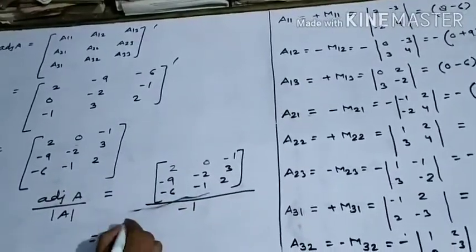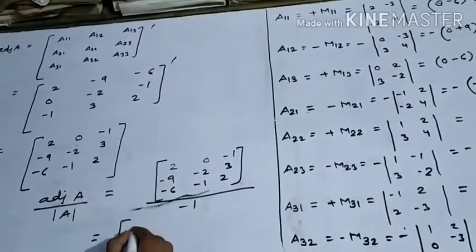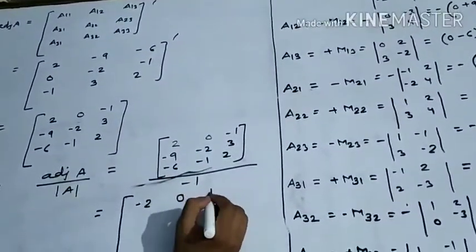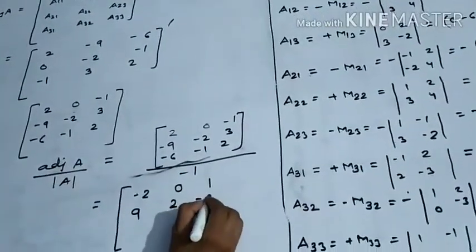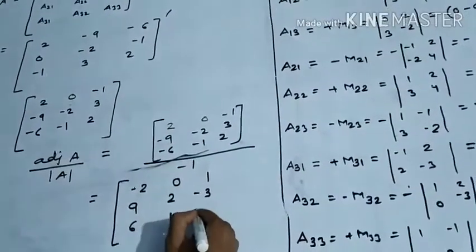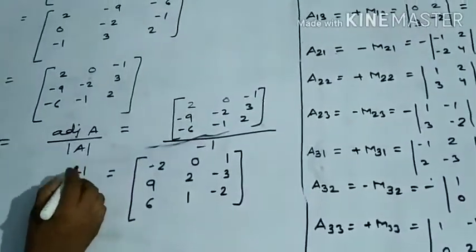This becomes minus to multiply each element, so this becomes minus 2, and here this is the 0, this is the plus 1, here this is the plus 9, this is the plus 2, and this becomes minus 3, this is the plus 6, and this is the plus 1, and this is the minus 2. So this is the value of A inverse.